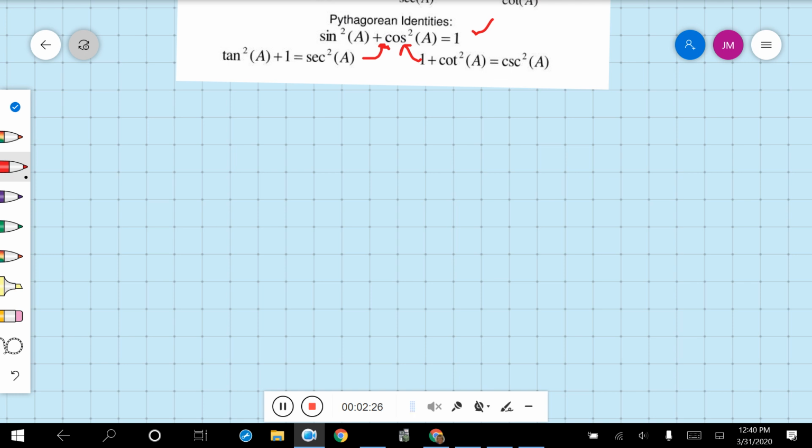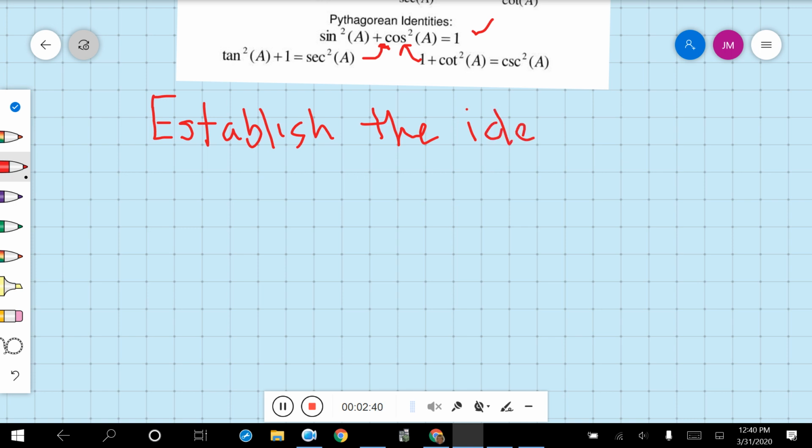Your directions on most of these, and you'll see it all the time, is to establish the identity. Okay, so what does that mean?